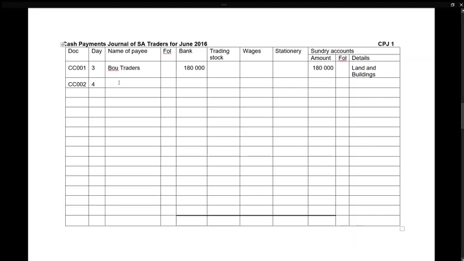Who are we paying? City Council. The amount that will be deducted from our bank account, 1,800 Rand. They did not provide a column for the trading license account, therefore sundry accounts. The accounts we don't use that often. Okay, so trading license.